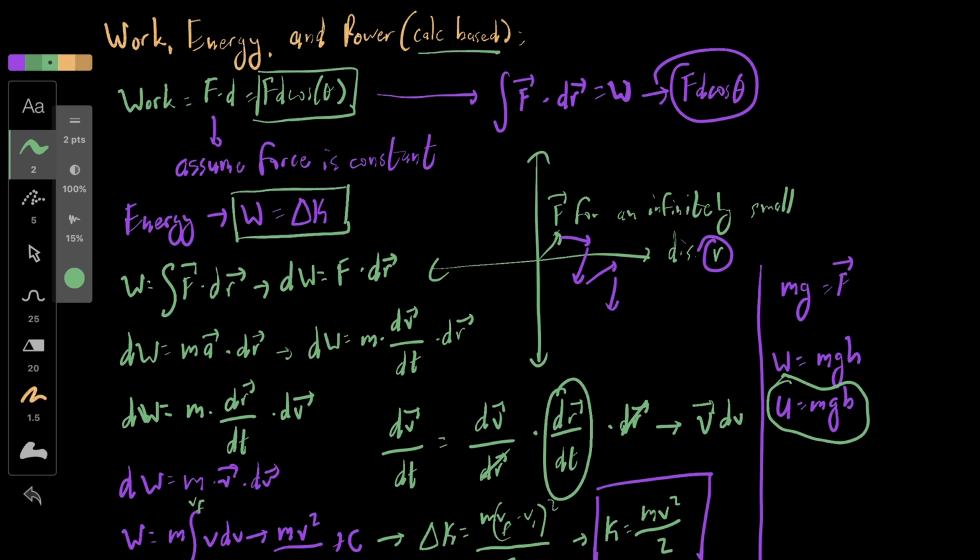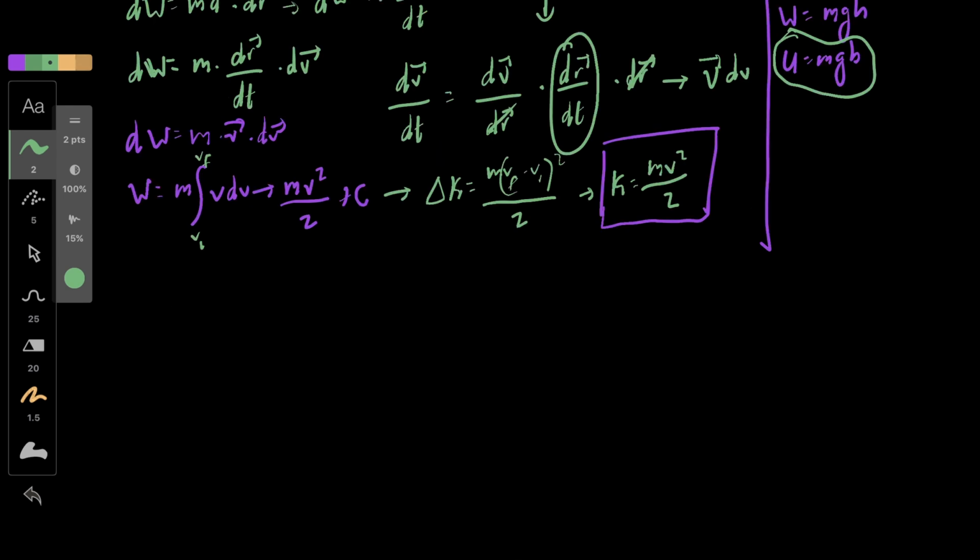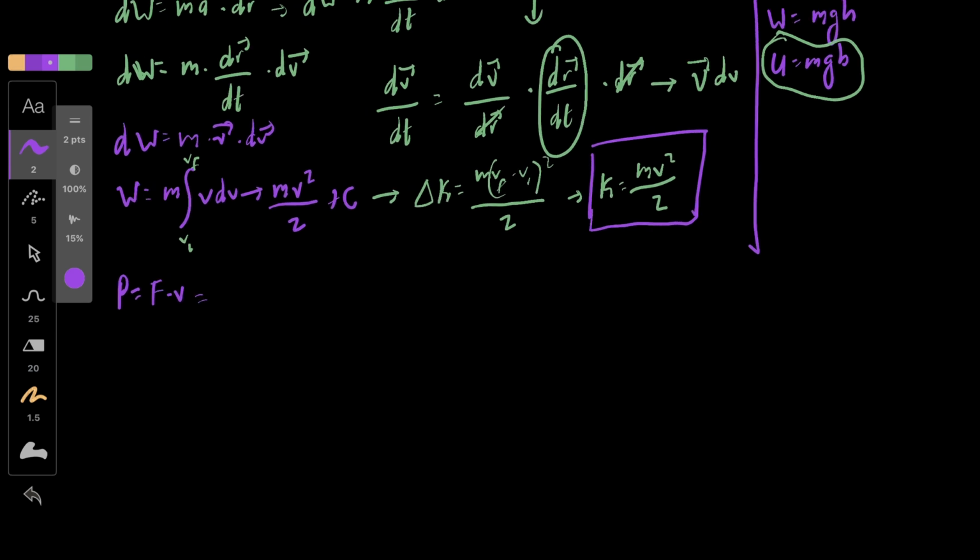But you noticed here, we only covered 2 out of the 3 terms. We covered work, we covered energy, but what about power? So let's start covering power. What is power? Well, power is technically force times velocity, or work over time.